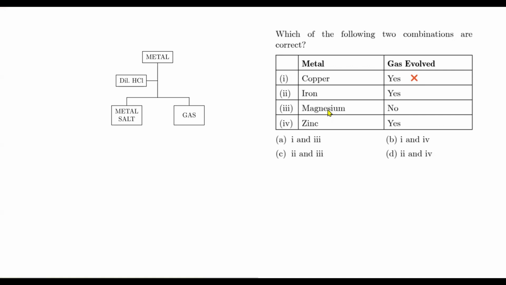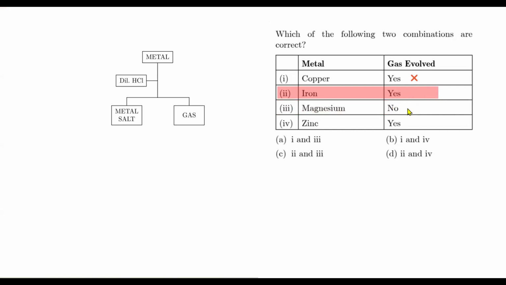So it is incorrect. Well, we know iron is above hydrogen in the activity series. So this statement is correct: iron will react with dilute hydrochloric acid to produce hydrogen gas. Next is magnesium. Magnesium is a reactive metal, as you know that. And in that case, it must release hydrogen gas.